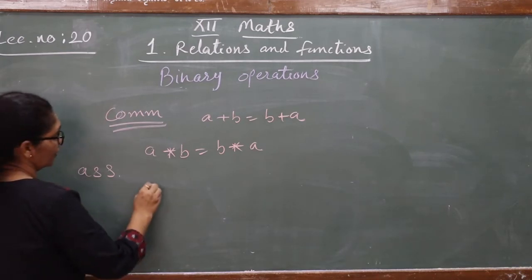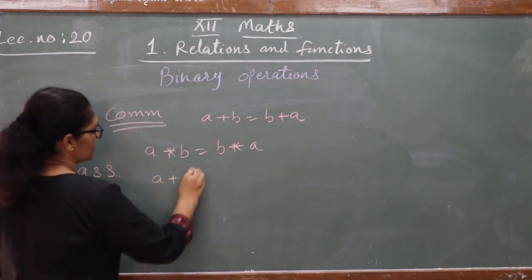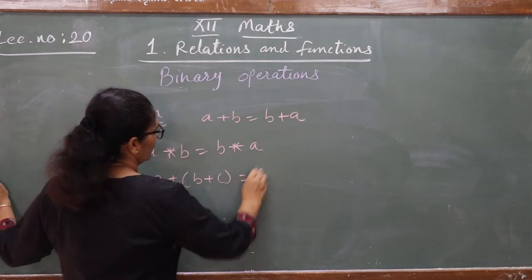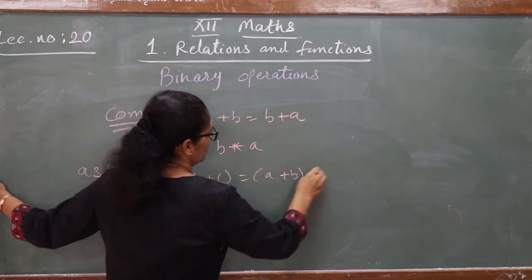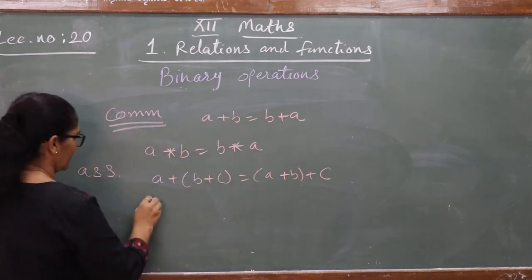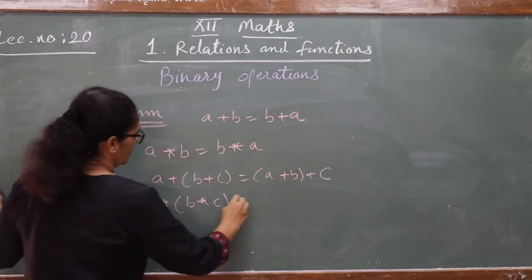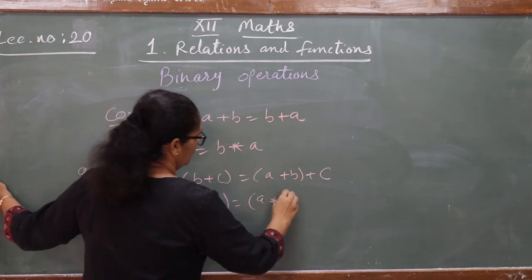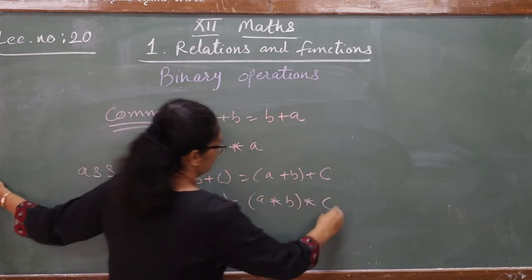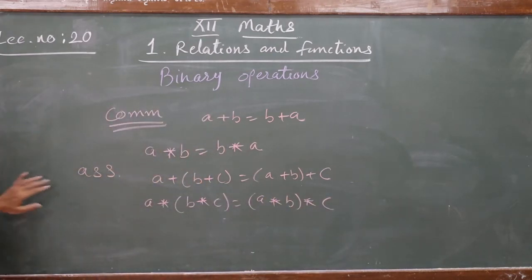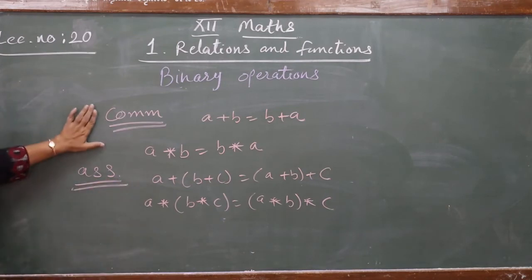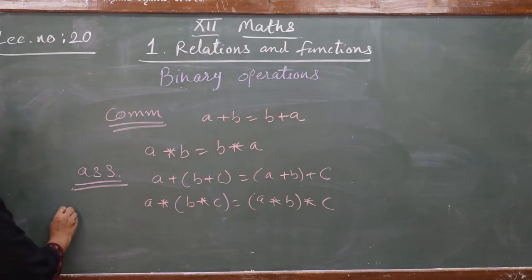After commutative, we learn one more property, associative. What is the associative property for addition? A plus B plus C equals A plus (B plus C). That way we get (A asterisk B) asterisk C equals A asterisk (B asterisk C). So these two properties: first is commutative, second is associative. Now third, the identity element.